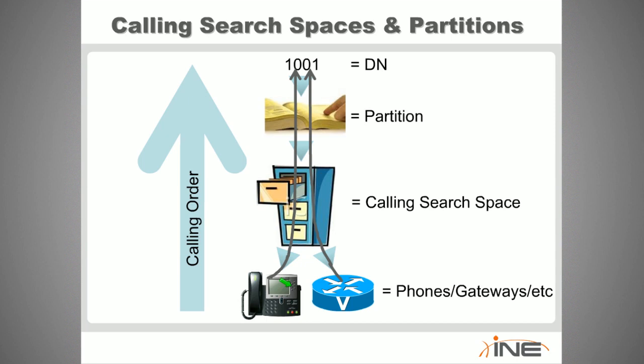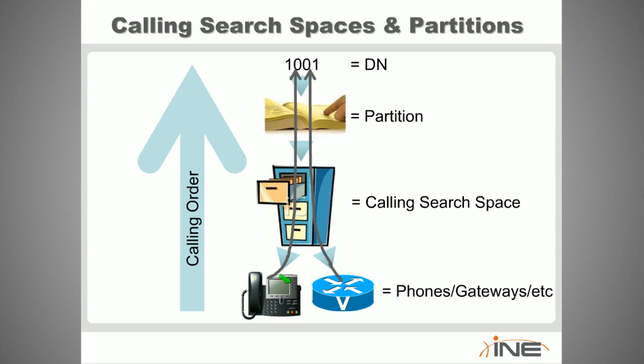Now you might say, well, wait a minute, on a phone, I can put a partition. Well, no, on a line, not on the phone device, but on the line, you can put a partition, and that is the DN's partition. So the DN that you're configuring for that line is inside of a partition. Now you might say, but Mark, I can put a calling search space on the device page for a phone.